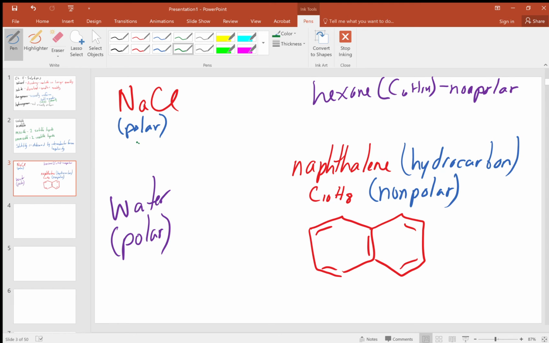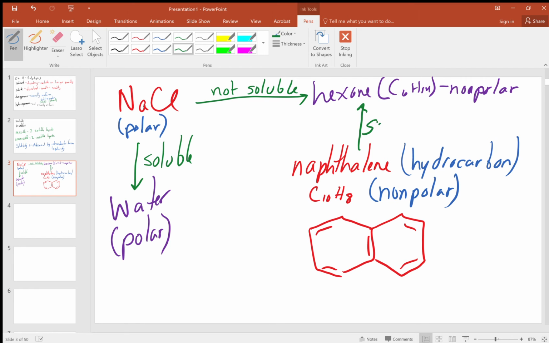Well, the water, being a polar molecule, will be highly soluble with sodium chloride. But when the sodium chloride gets added to hexane, which is completely nonpolar, it will not be soluble at all. The opposite will be true for naphthalene.